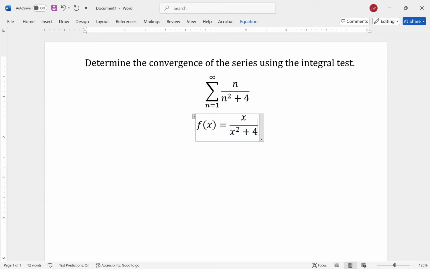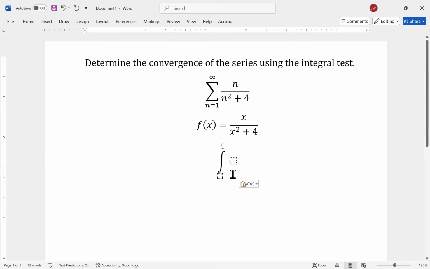That's a continuous function, and if you check it, it is decreasing and continuous and positive for n from 1 to infinity. So it's decreasing, positive, and continuous. So we can use the integral test.